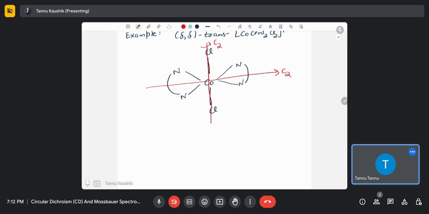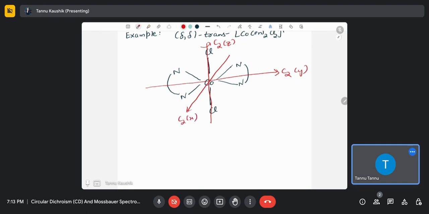Other than this, this is C2Z, this is C2Y, and then we have C2X axis.